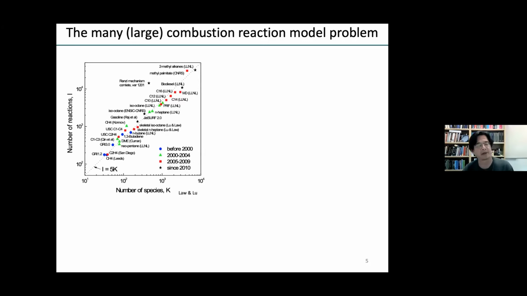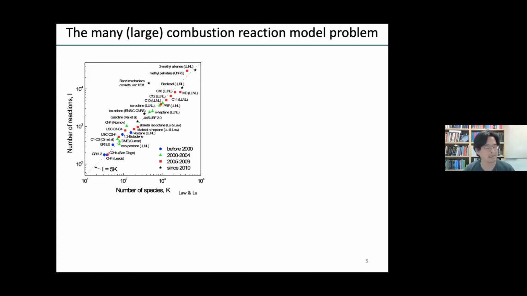Now, many of you work in the area of OpenFOAM and fluid dynamics or turbulent combustion modeling, and you will wonder how this model would ever be used in your simulation. The idea over the past decade or two in the combustion community is you develop a detailed mechanism, many species, many reactions.